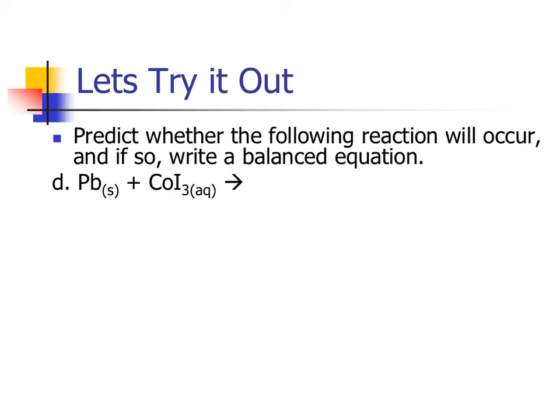Now, predict the following reaction, whether or not this will occur. Here we have cobalt dancing with iodine, and more specifically, cobalt-3 dancing with iodine. Then we look to see where lead is on the activity series, or the popularity chart, so to speak.